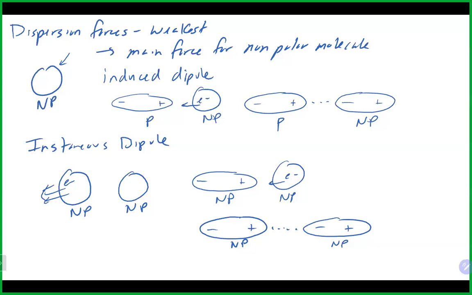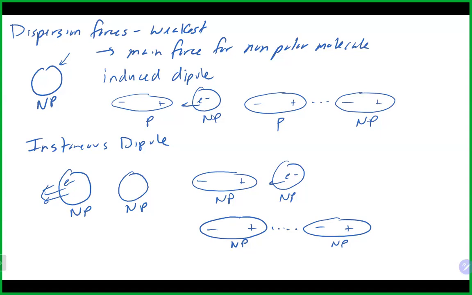This creates a bond that they can form. Dispersion forces are really weak in the sense that this needs to happen, and if something does happen, like the electrons going back to their normal distribution, they're not going to be able to maintain that interaction between nonpolar molecules.